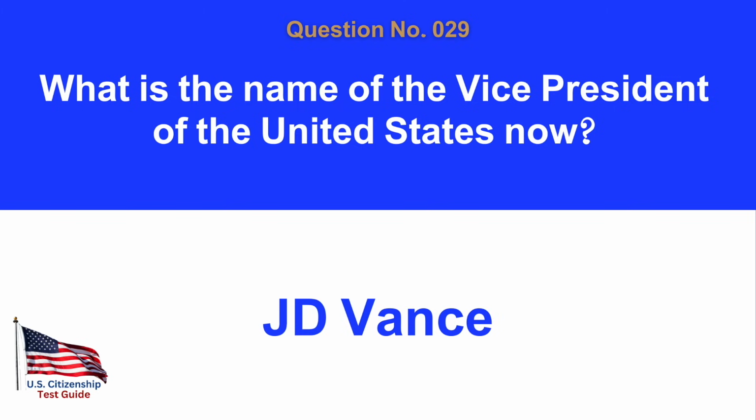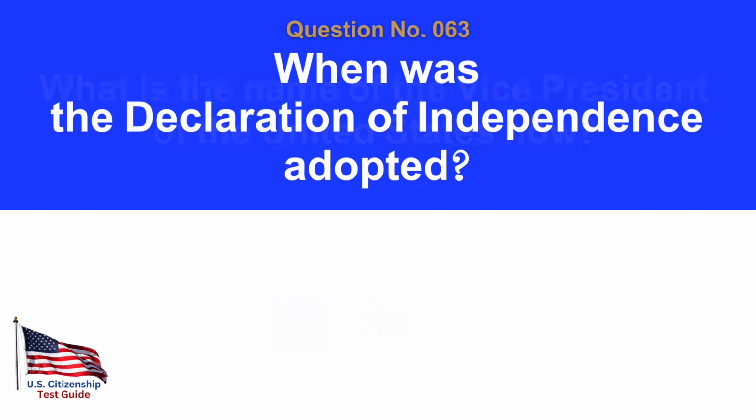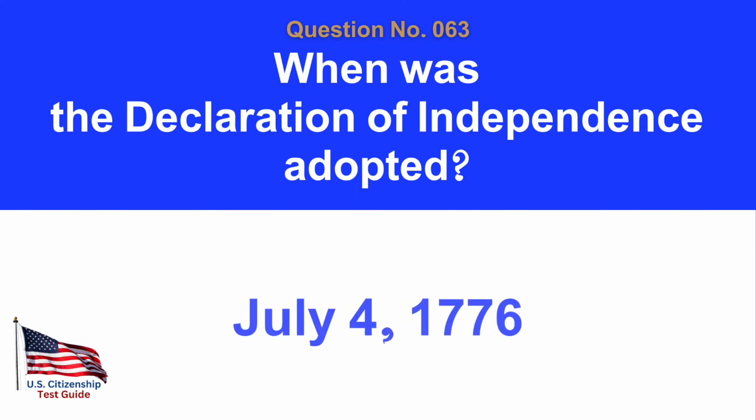J.D. Vance. When was the Declaration of Independence adopted? July 4, 1776.